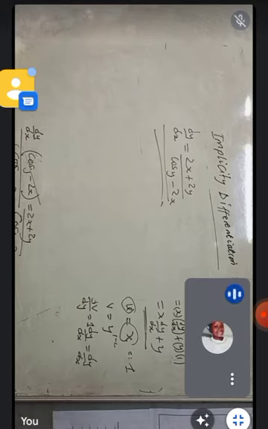So I have a question. Yes. When we're differentiating sin y, is it the same as finding the derivative? Yeah, it's the same. You were mentioning something about the chain rule.